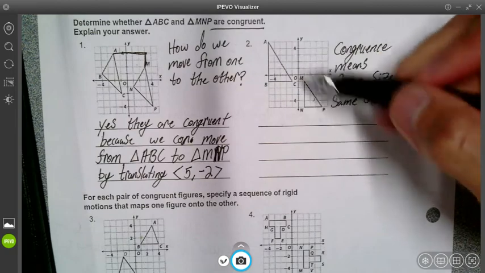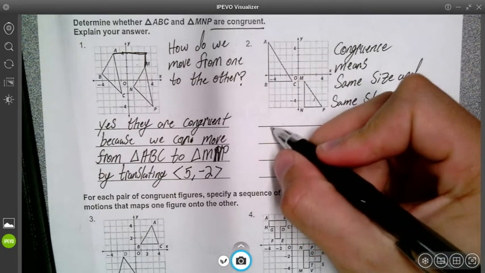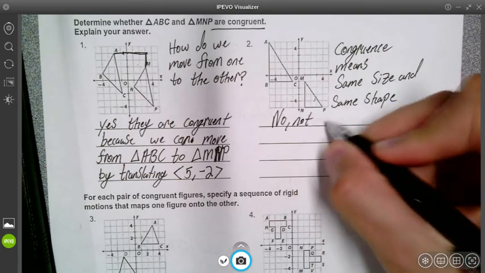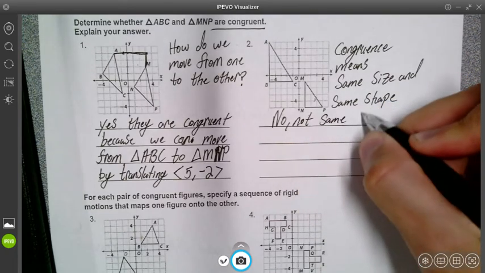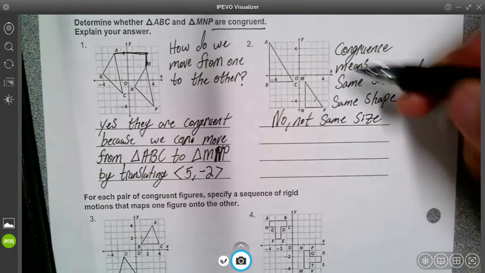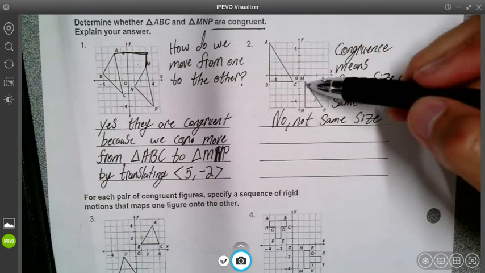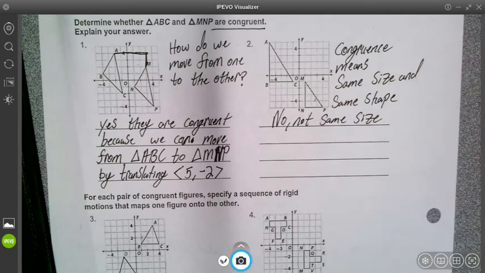Are these the same size? Well, clearly, no. Now they might be the same shape. It looks like they both have right angles, and these angles could be congruent. But since they're not the same size, they are not congruent.